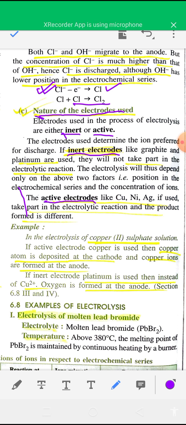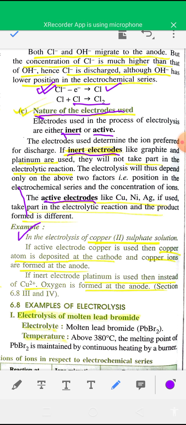electrolytic reaction. For example, in electrolysis of copper 2 sulfate solution, if active electrode copper is used, then copper atom is deposited at cathode and copper ion is formed at anode.